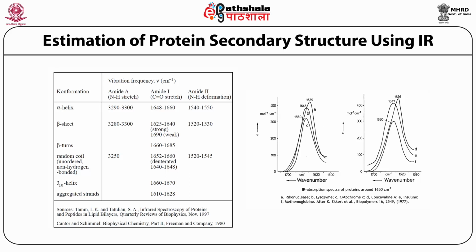Similarly, the beta sheet information can be taken from the IR spectrum, with the proper intensity at a frequency of 3280 to 3300, amide I stretching at 1625 to 1640, and amide II at 1520 to 1530. Similarly, beta turn, random coil, and 3-10 helix all have characteristic IR peaks.